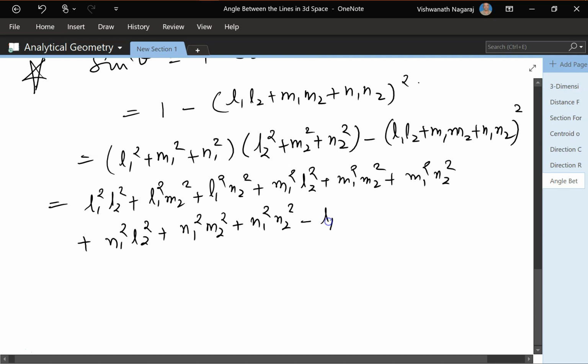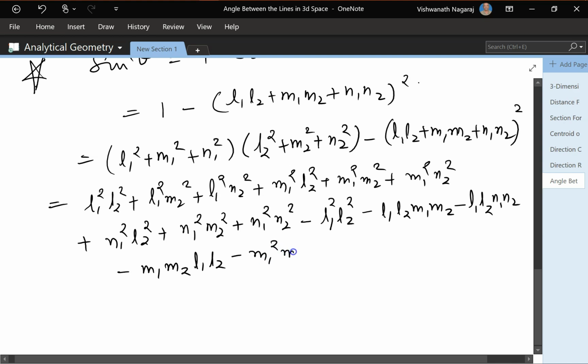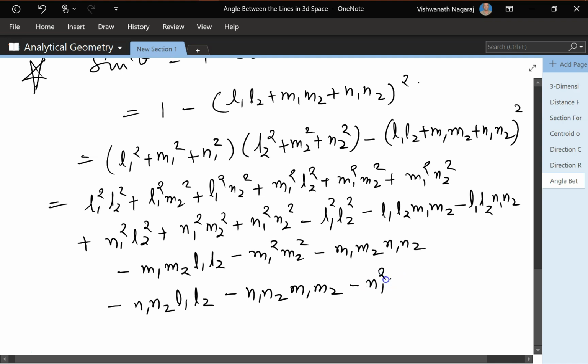So minus l1 square l2 square, minus l1 l2 m1 m2, minus l1 l2 n1 n2, minus m1 m2 l1 l2, minus m1 square m2 square, minus m1 m2 n1 n2, minus n1 n2 l1 l2, minus n1 n2 m1 m2, minus n1 square n2 square.